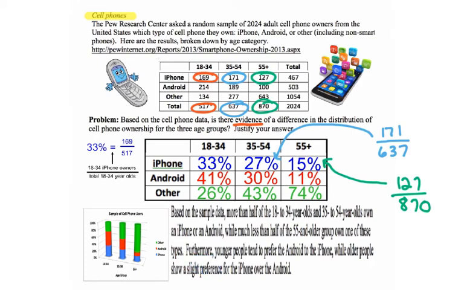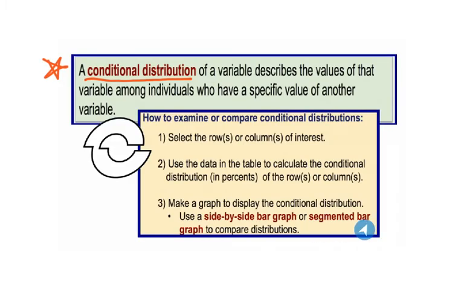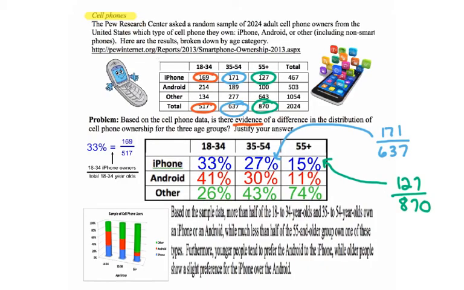Furthermore, young people tend to prefer the Android to the iPhone, while older people show a slight preference for the iPhone over the Android. And again, this is from 2013, so if we looked at today's data, it would probably be drastically different.